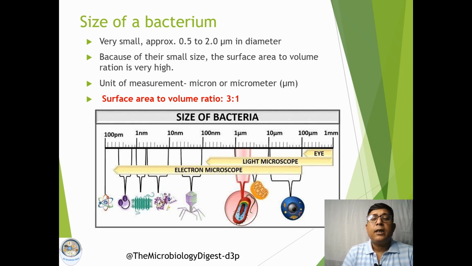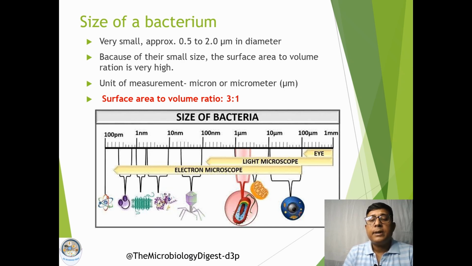But in case of bacteria, because they are very small in size, their surface area to volume ratio is very high, and it is estimated that this ratio in bacteria is 3:1. The unit used for measurement of bacteria is the micrometer, also called micron.